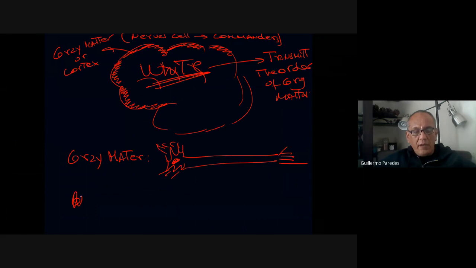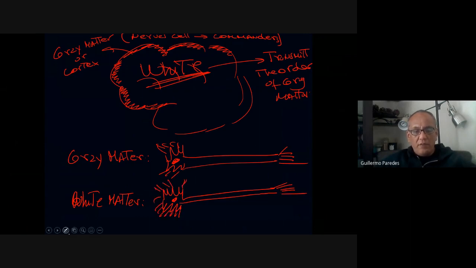The white matter: these nerve cells are located on the pulp of the orange. So we have here a nerve cell, again, we're going to draw a nerve cell with the axon here, terminal axon, and the dendrites here, similar to the previous one. But what is the difference? The difference is that it is going to have other cells.